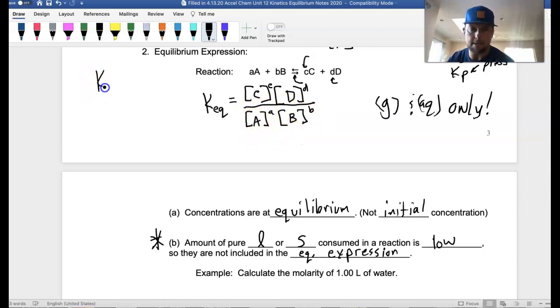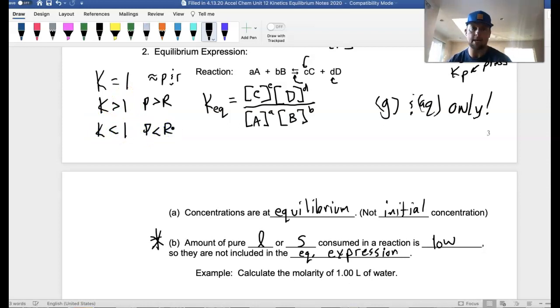So if we have K equal to 1, we have about equal products and reactants. And then K greater than 1, that means we're going to have products greater than reactants at equilibrium. And then K less than 1, we're going to have products less than reactants, or more reactants at equilibrium.